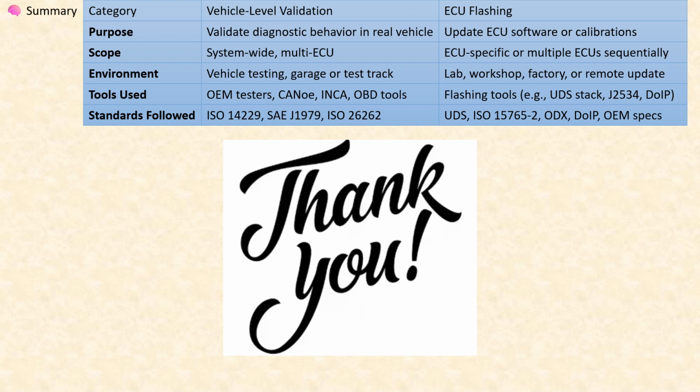Standards followed are ISO 14229, SAE J1979, ISO 26262, UDS ISO 15765-2, ODX, DoIP, and OEM specification. Okay, so hope all of you got a clear-cut idea about vehicle testing and vehicle software flashing as far as diagnostics is concerned.